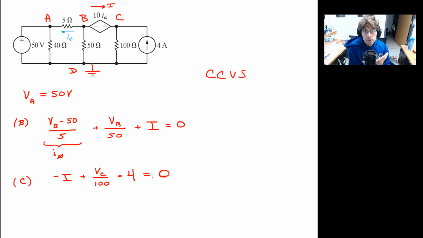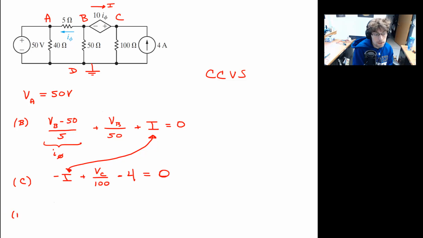Now here's the reason why I chose the problem. An interesting idea. If I sub and solve, notice that I have an I here. If I go ahead and substitute in to eliminate the I's, go ahead, write down what the resulting equation is.